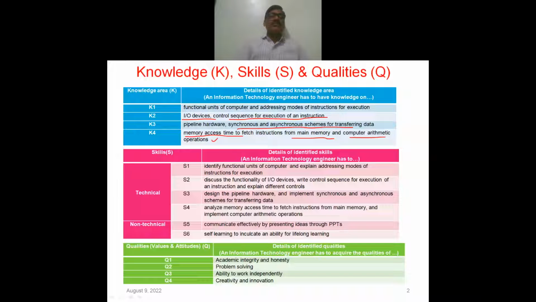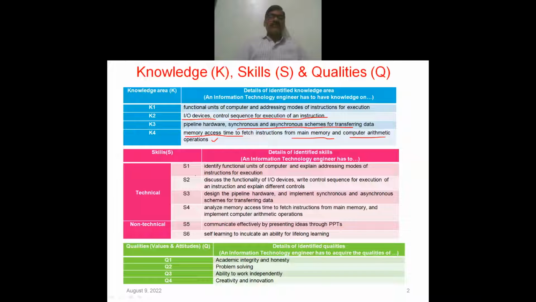These are the four important knowledge areas, and these are the skills you are expected to gain after completion of this course. The technical skills are S1 to S4.